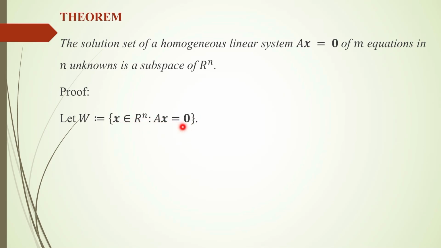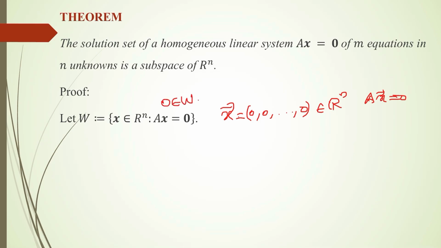That means we are considering every solution of the given system. One thing is sure: if I take x equal to (0, 0, ..., 0), n times, this is an element of Rn, and surely Ax will be 0. So at least the zero vector is in the space W.